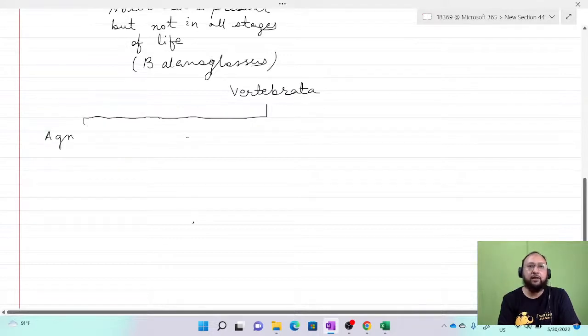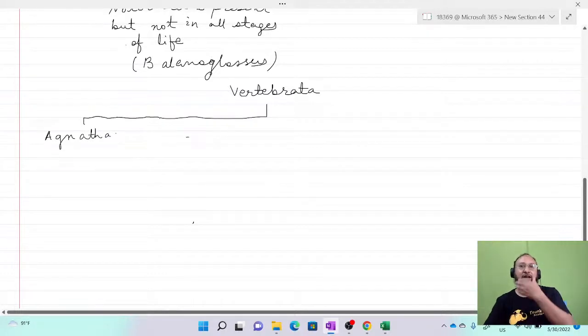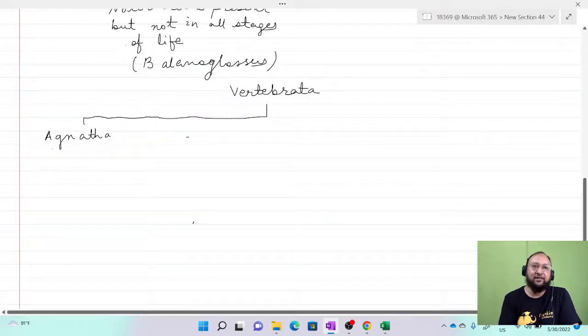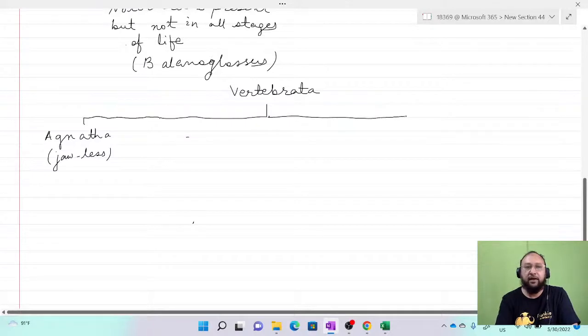Agnatha means without jaw, jawless animals. In Agnatha, they do not have jaws, so jawless or lacking jaw. Then there is another group called Gnathostomata, or animals with jaws.